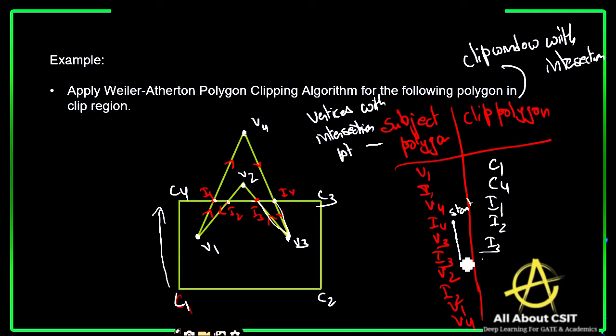Whenever it reaches I3, it has to go to the clip polygon, so I3 to I4. This is the end. This is one clipping window.